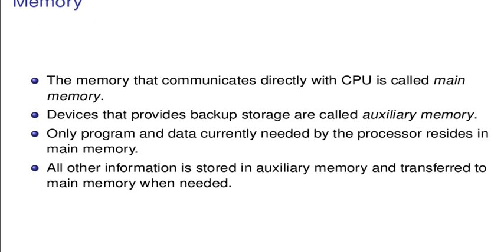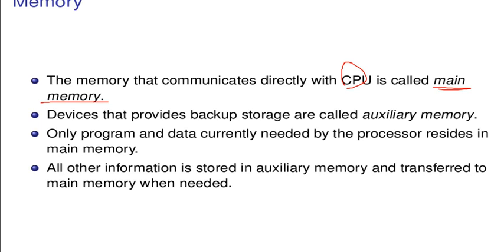So in this slide, we will discuss the different memories. The first memory we are discussing is the main memory, and we know that this is the memory which is used by the CPU for direct communication.